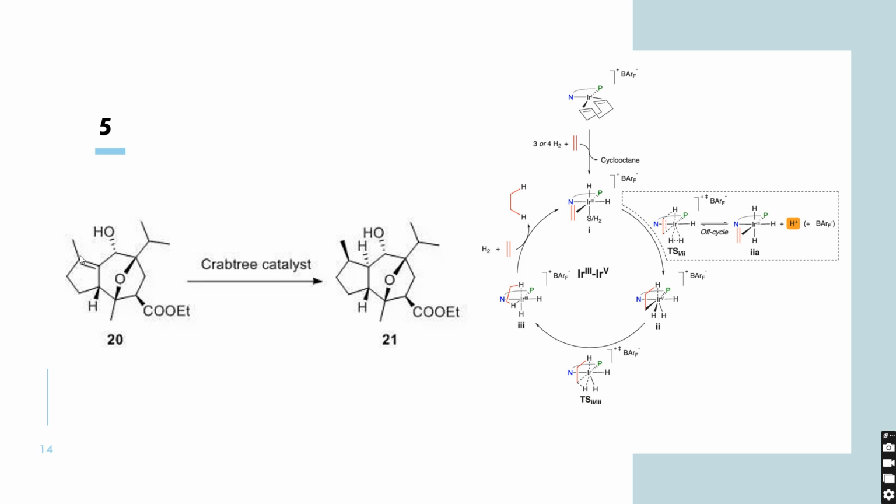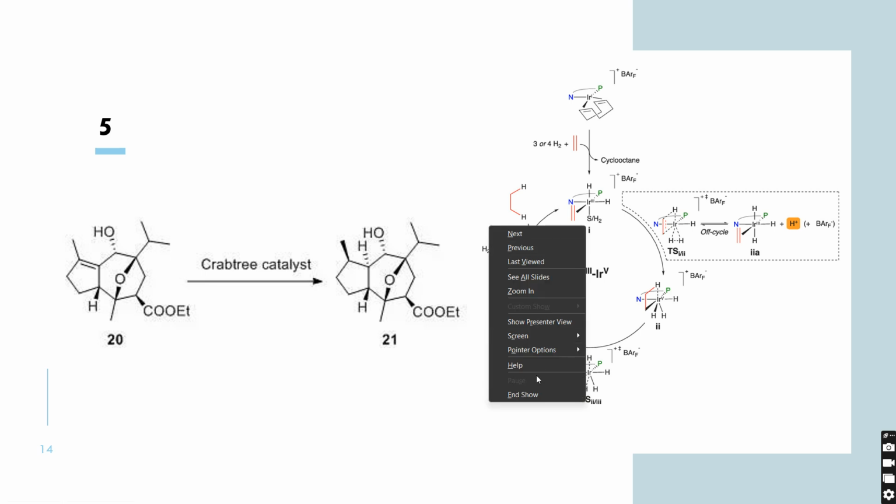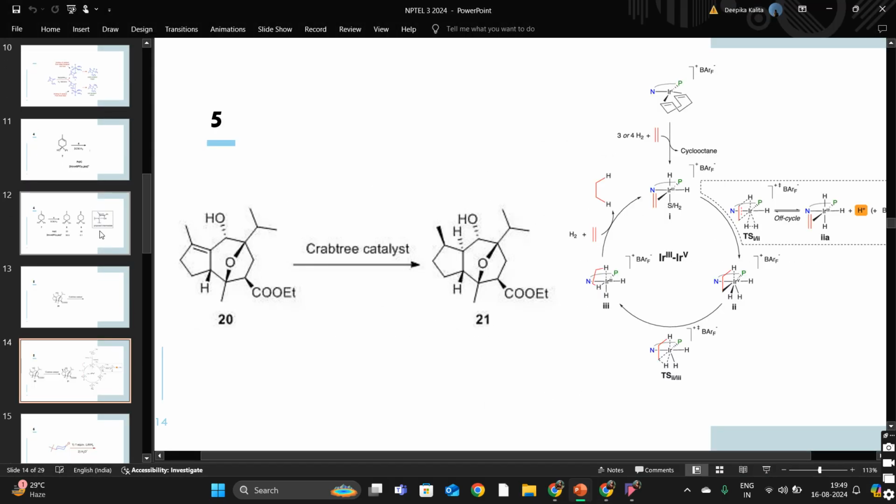This is why on the product side, you have the methyl group and your hydroxy group anti to each other. This is definitely coming from the transition state that we saw in the last question.